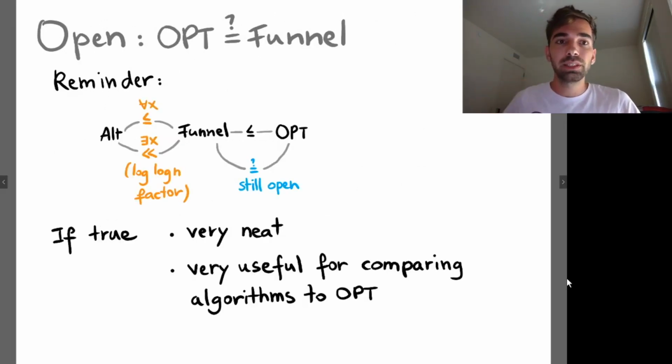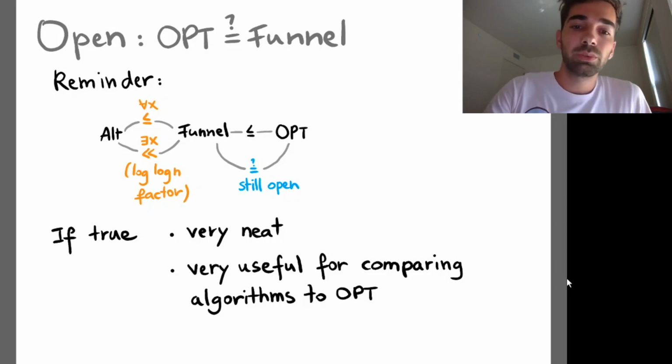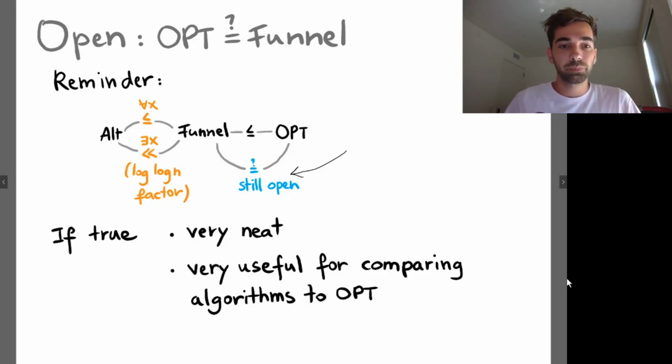So in my opinion, this is the biggest open question in the domain, except of course for the dynamic optimality conjecture itself. So here's a reminder of the state of knowledge that we have for the two Wilber bounds and opt. And so the only thing that remains open is this, whether funnel matches opt.